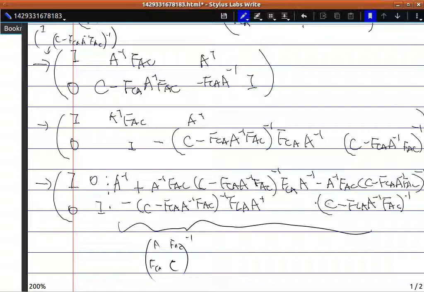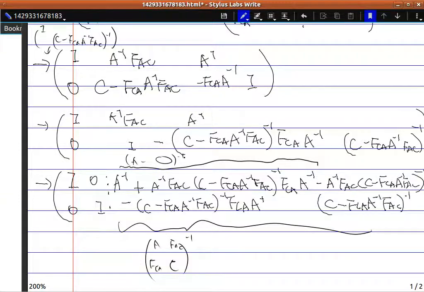So we can guess that probably there is another form of this guy that will have this component similar to this one. What it means is I probably will have the upper left element here as something like A minus something blah blah blah inverse, a term like this.